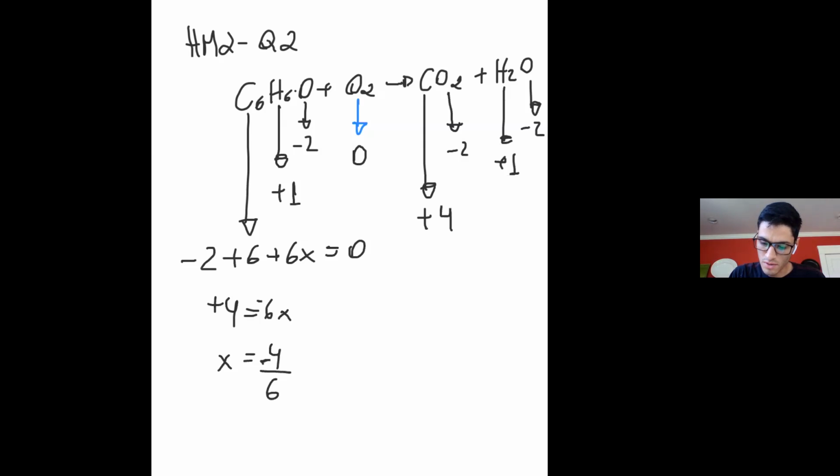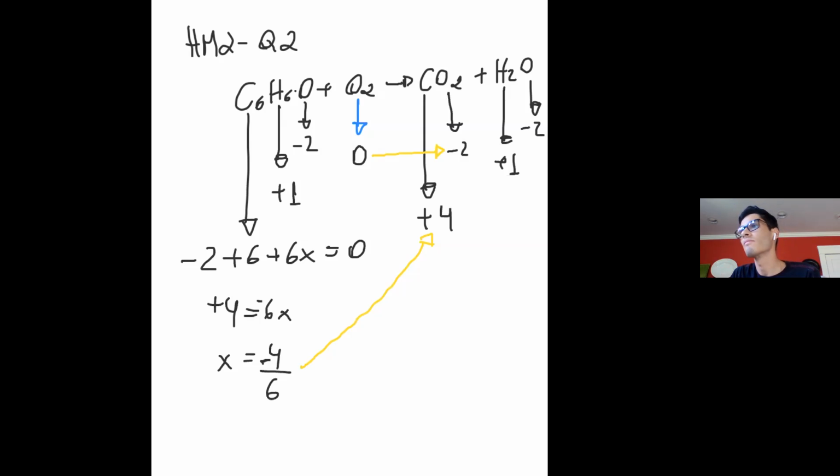This oxygen here is going from 0 to -2, so it's receiving 2 electrons, meaning that it's being reduced, because it's becoming more negative. On the other hand, we have this carbon going from -4/6 to +4, so it's giving away electrons because it's becoming more positive. So it's being oxidized.